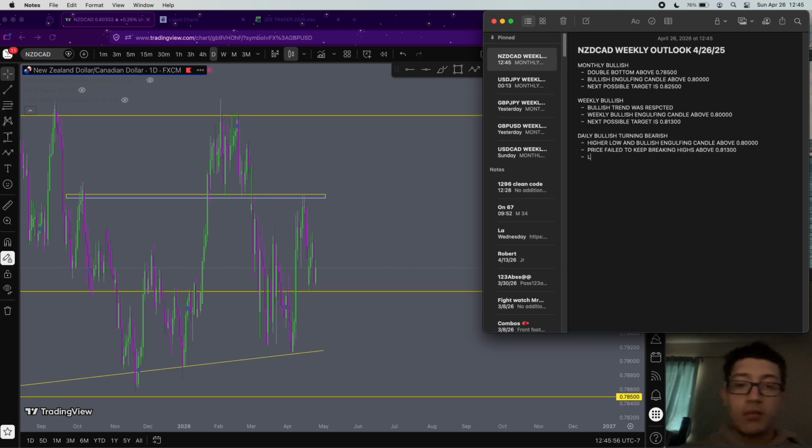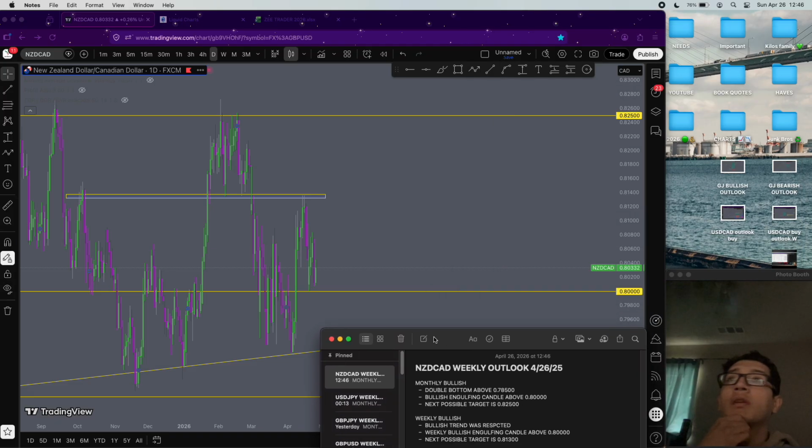And then we have a lower high and a bearish engulfing candle below 0.81300. Possible trades at 0.80.